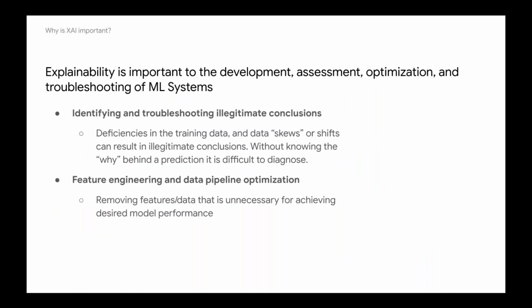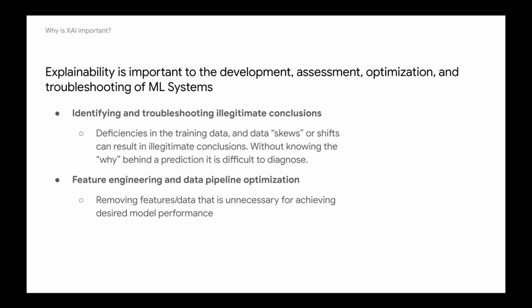And there's just so many different use cases in which explainable AI is pretty critical. So when it comes to model development in and of itself, it's really hard to troubleshoot illegitimate conclusions. When your model makes a misprediction, it's hard to understand the why behind that, so you could actually do something with either your feature engineering or what have you to try to fix it, or to understand if your data has been skewing or shifting over time.